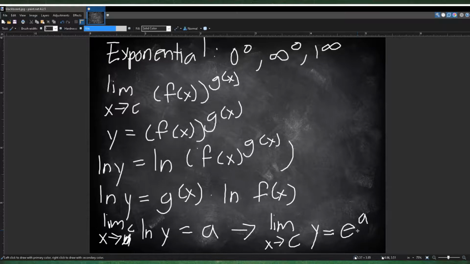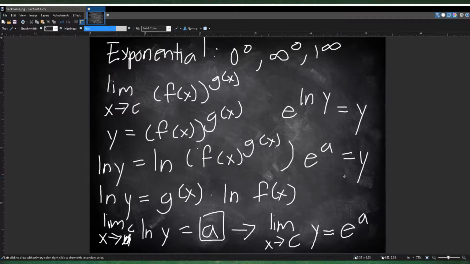Does that make sense? Because ln of y is equal to a, so y would just be e to the power of a, because e to the power of ln of y is just y. So it makes sense. We're going to use this general idea to do all these exponential cases.